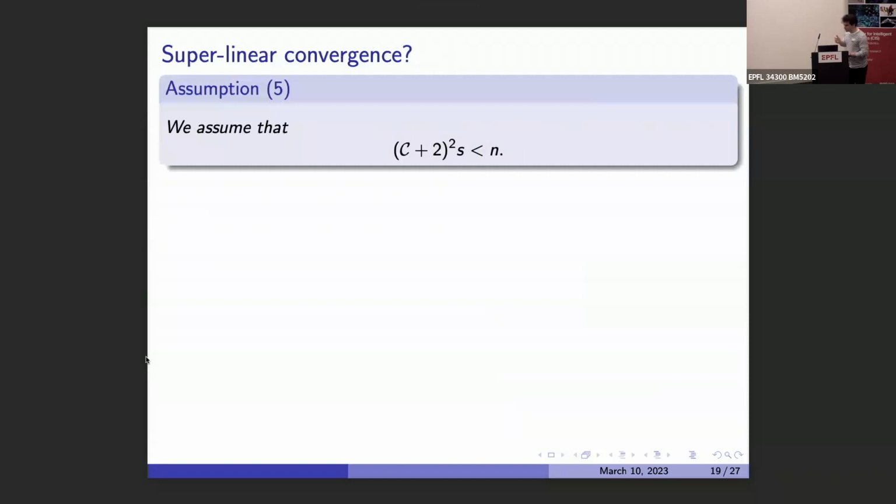And so now what we can ask is, what about superlinear convergence? For this, we assume that the small dimension s satisfies this condition, which means that s is at most n multiplied by some constant.